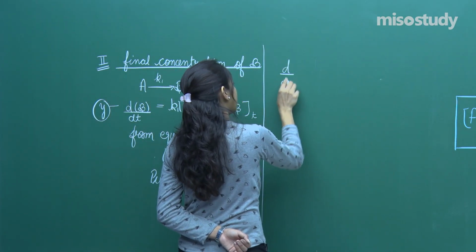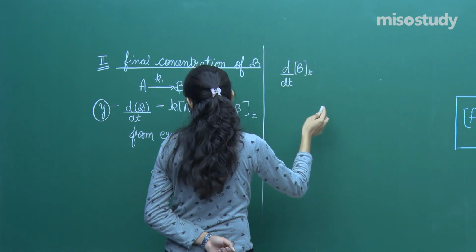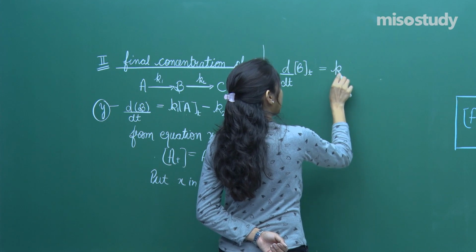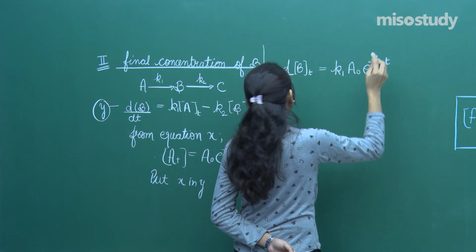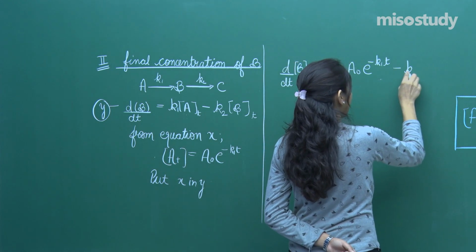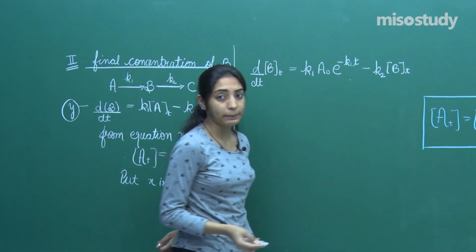You will be getting d by dt of B at any time t is equal to K1 A naught e raised to the power minus K1 t minus K2 concentration of B at any time t.